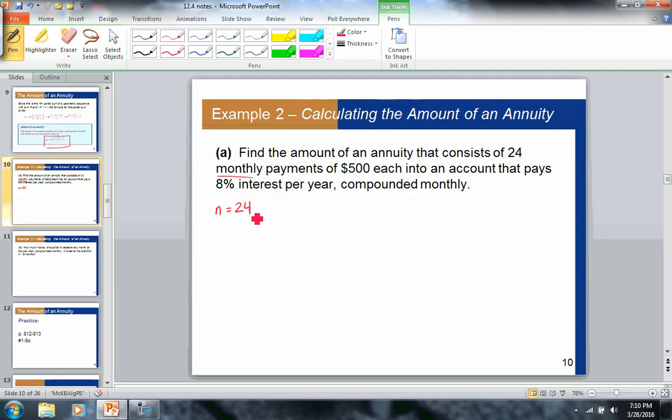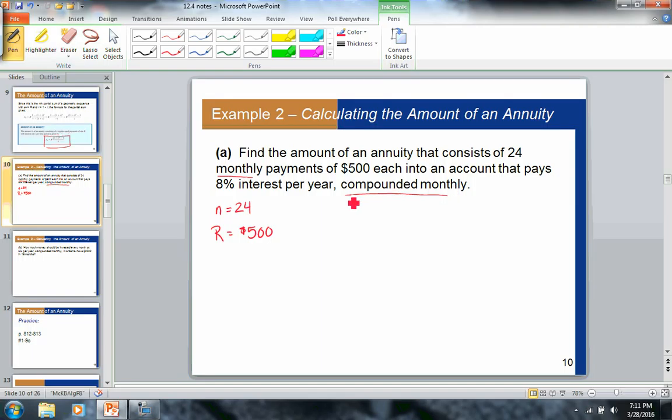And we know that it's going to be monthly, so we're going to have to deal with that 12. And the payments are going to be $500 each, so that's that rent amount. That's my R, that's the 500. And we're going to make those payments into an account that pays 8% per year, compounded monthly.